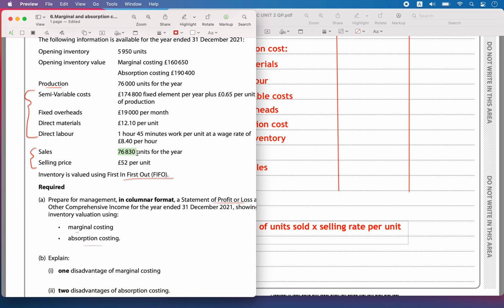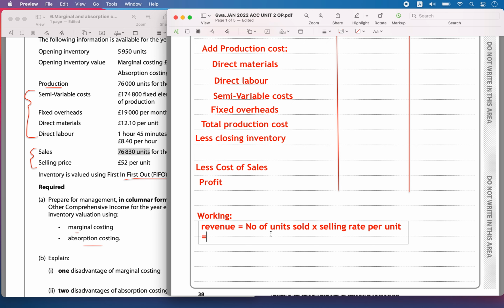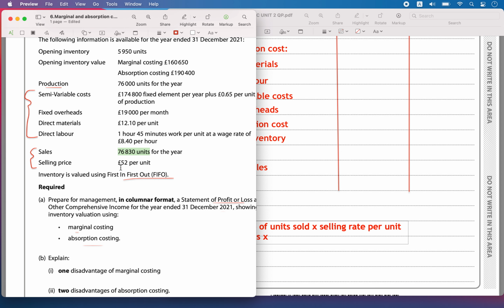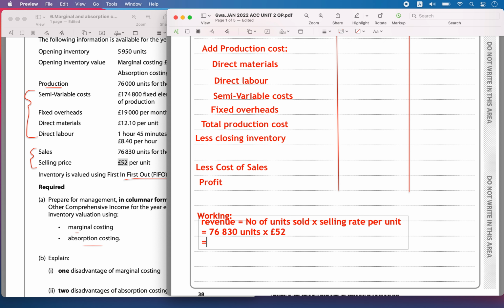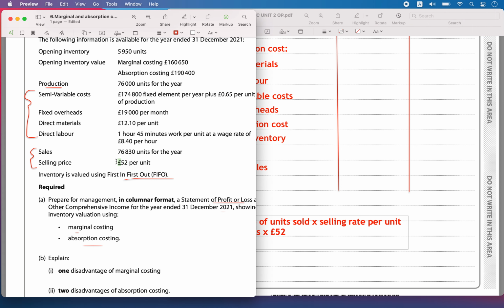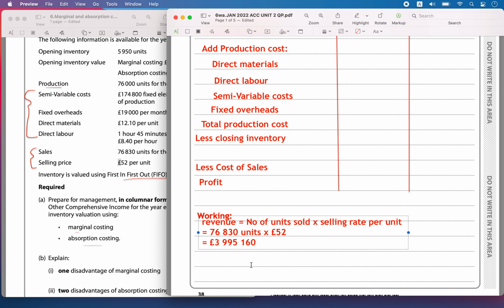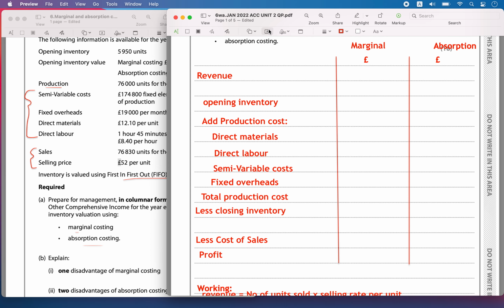The number of units sold is 76,830 units, multiplied by 52 pounds per unit, which gives 3,995,160. This is the amount of revenue they are going to earn. The revenue earned is the same in marginal and absorption costing, so it is 3,995,160 in both.